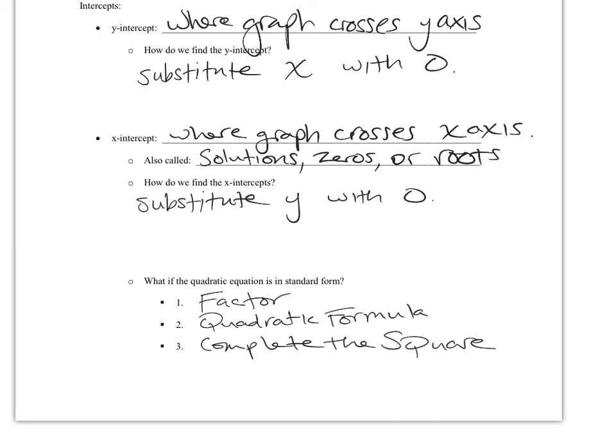So what we would do is either factor it and find the solutions and graph the vertex and the solutions, or we could use the quadratic formula and find the solutions and then use the vertex to graph those, or we could do what's called completing the square and find the solutions that way, use the vertex and graph it. So those 3 methods are what we would do when the equation is indeed in standard form and not in that nice form where we can predict the transformations and use the parent function.